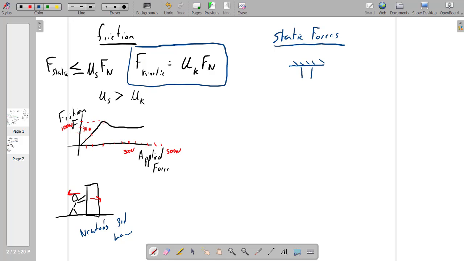If we call this T1, T2, which one of these scenarios has a greater tension? Which one has a greater tension?